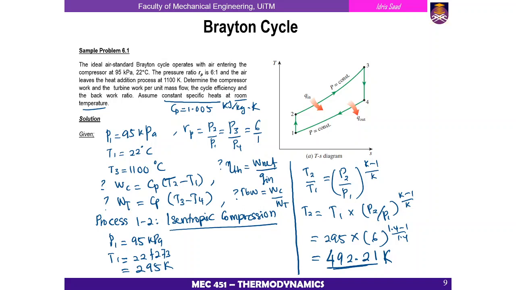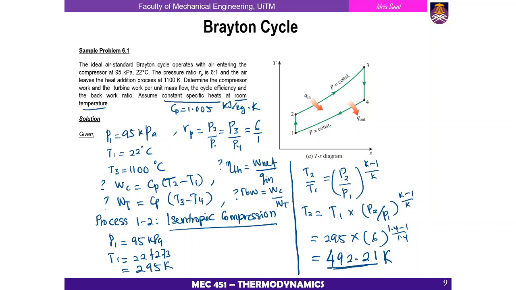The pressure ratio Rp is given directly, 6 to 1, and the air leaves the heat addition process at 1100 Kelvin. Determine the compressor work and the turbine work per unit mass flow, the cycle efficiency, and the back work ratio. Assume constant specific heat at room temperature.